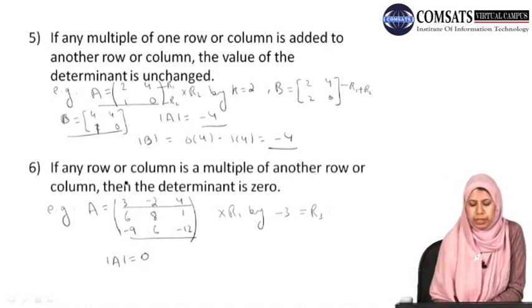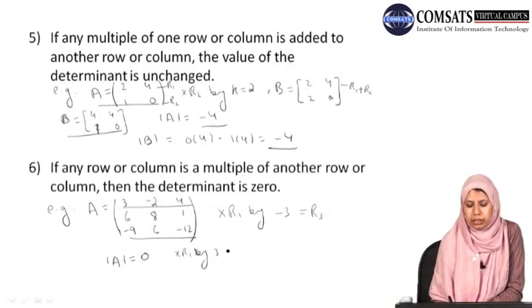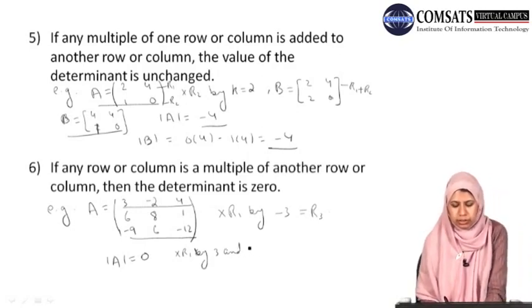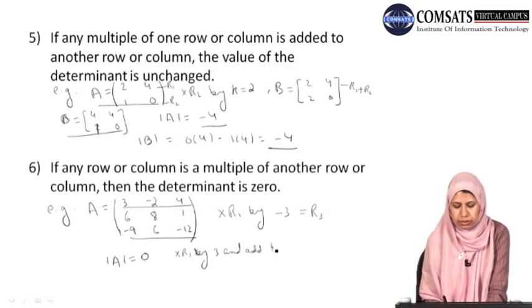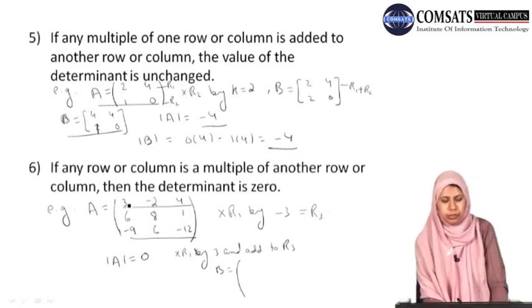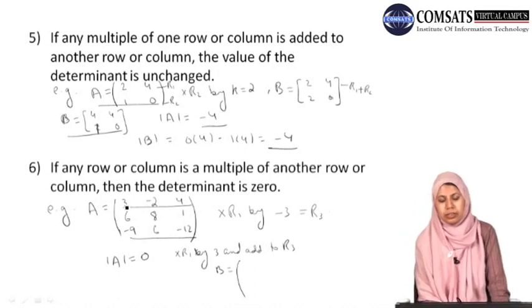For example, if we multiply our row 1 by 3 and add it to R3, the matrix B which we will obtain will be multiplying this first row by 3 and adding R3 to it.